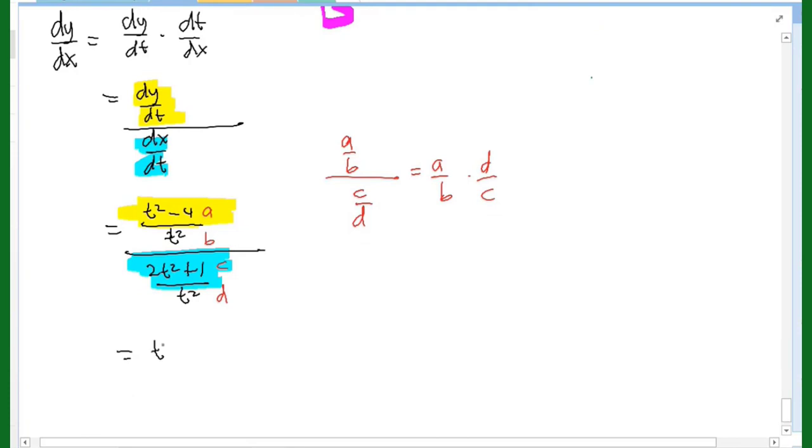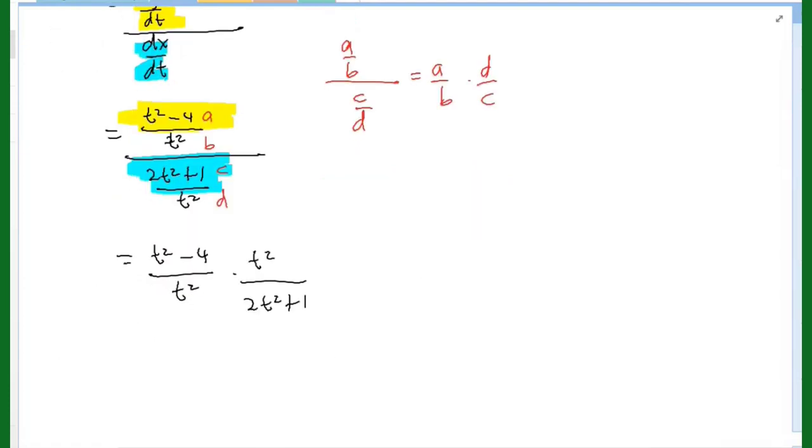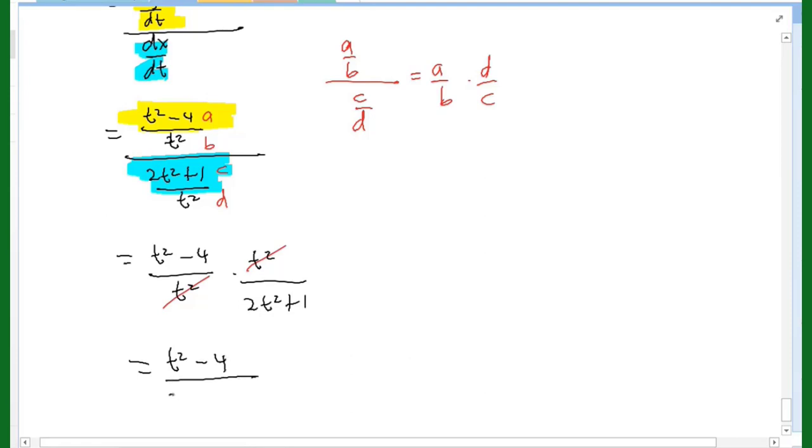And t squared minus 4 over t squared dot t squared over 2t squared plus 1, and simplify. This one can be cancel, right? Ni cancel. Then answer is t squared minus 4 over 2t squared plus 1.